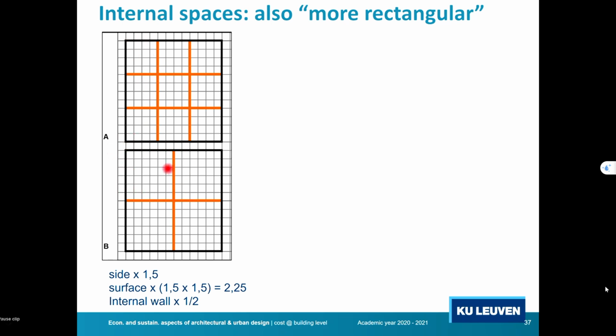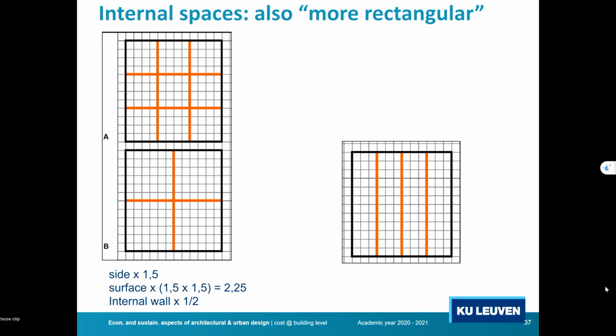If we have bigger rooms, so the size is 1.5 times this one, so here we have 1 meter, here we have 1.5 meter, we see that we have half of the amount of internal walls compared to the first example. That's if we change the size. So if we have larger inner rooms, we see that we have less internal wall.